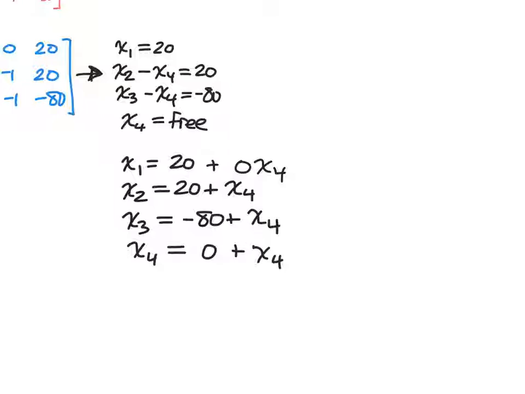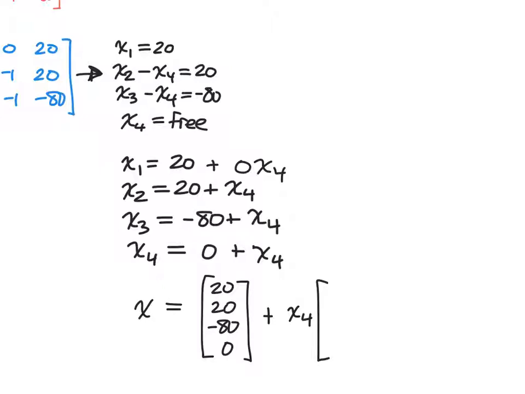All right, so x is going to be equal to 20, 20, negative 80, and 0, plus x4 times 0, 1, 1, 1.